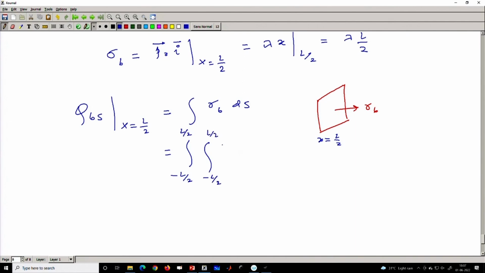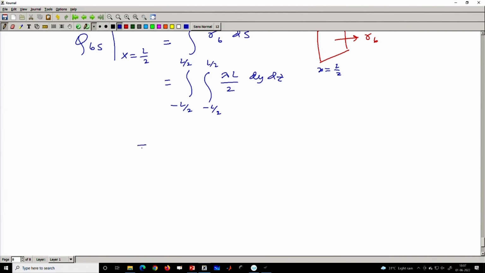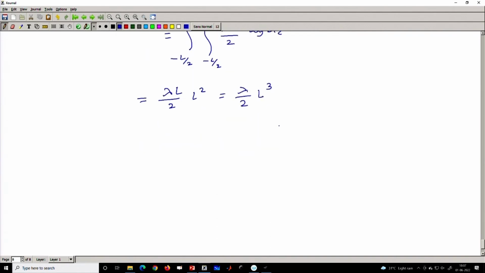Sigma b I already calculated, this is lambda L divided by 2, and dS is dy dz, because this is the x surface. So, that quantity is simply lambda L divided by 2 times L square, which is lambda L cube divided by 2. That is for one surface.